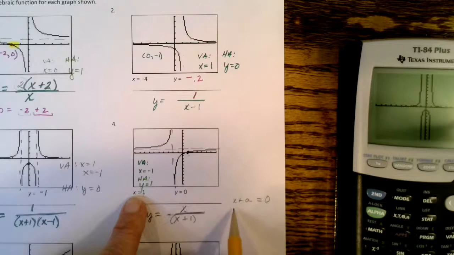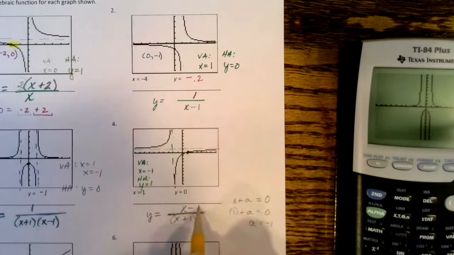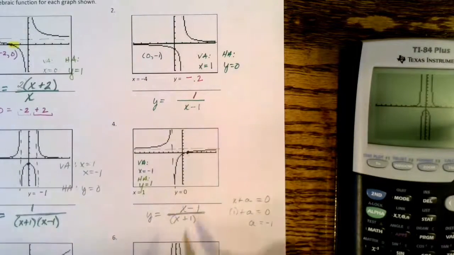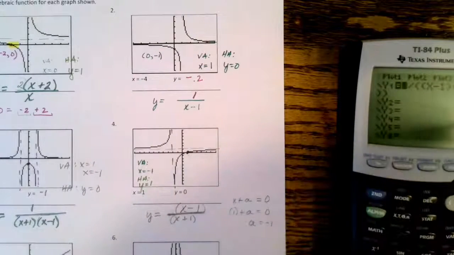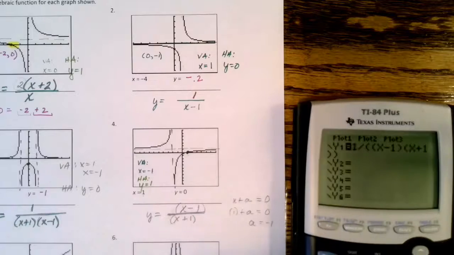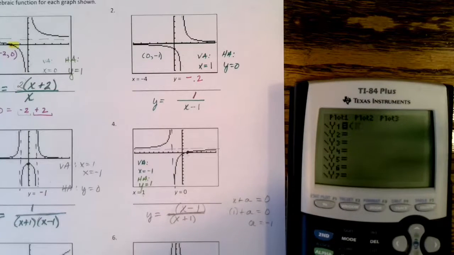So when I put 1 in for x and I solve for that, a looks like it's got to be equal to -1, which means maybe that is what is in my numerator. So when I go to my calculator to check this out, we're going to go ahead and put x minus 1 in my numerator divided by x plus 1.